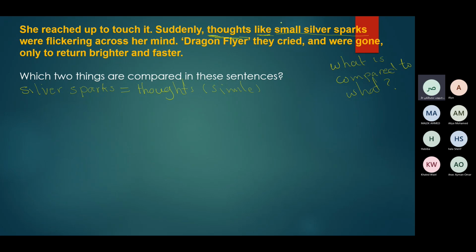So this is a simile. So why did we study the simile? To identify the comparison. What is being compared here? So this technique is what? Simile. He said that thoughts appeared as small silver sparks. So this is the comparison. So he compared the sparks to the thoughts.